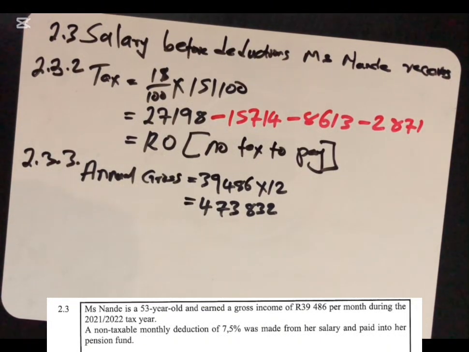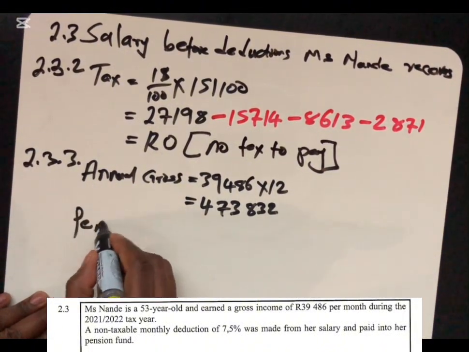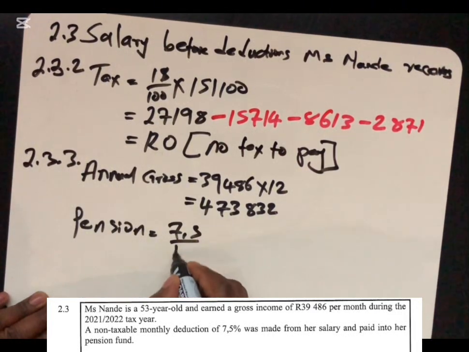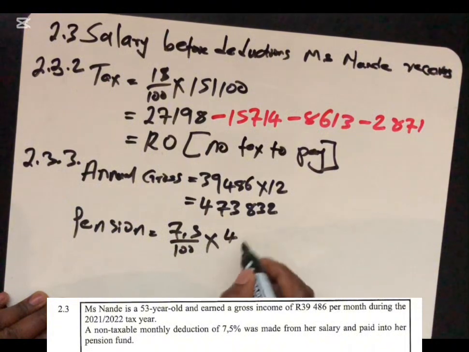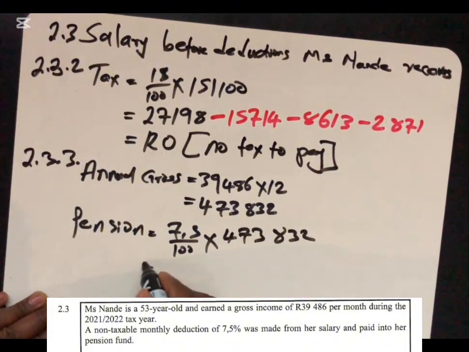But we know that this person is contributing 7.5% to the pension fund. So we can say that for the pension fund it is 7.5 over 100, multiplied by 473,832.